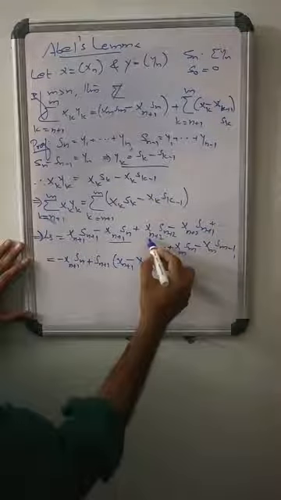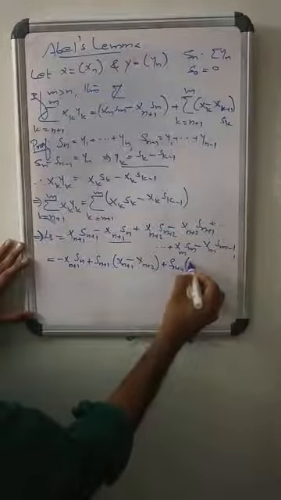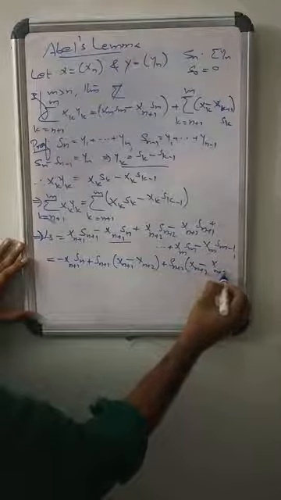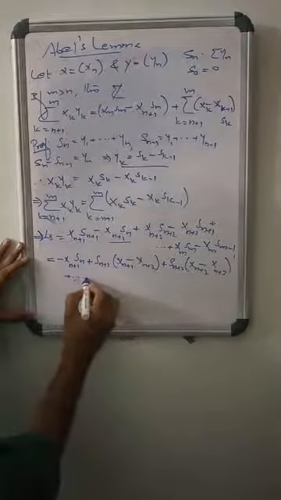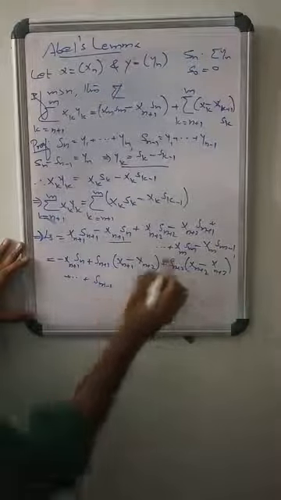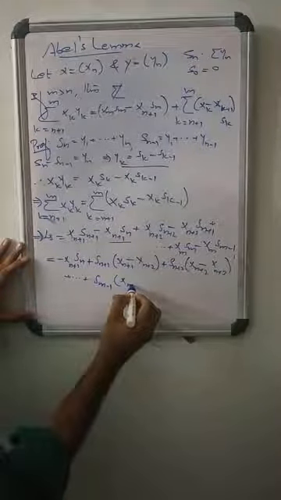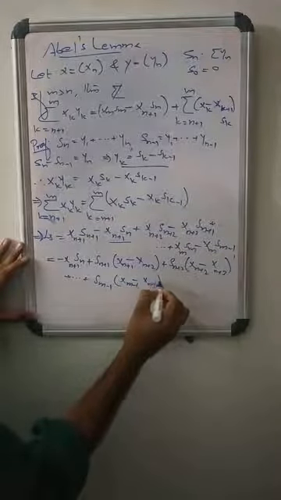Again there is xn plus 2 sn plus 2; here sn plus 2 into what remains, (xn plus 2 minus xn plus 3), plus etc. plus sm minus 1 into (xm minus 1 minus xm).